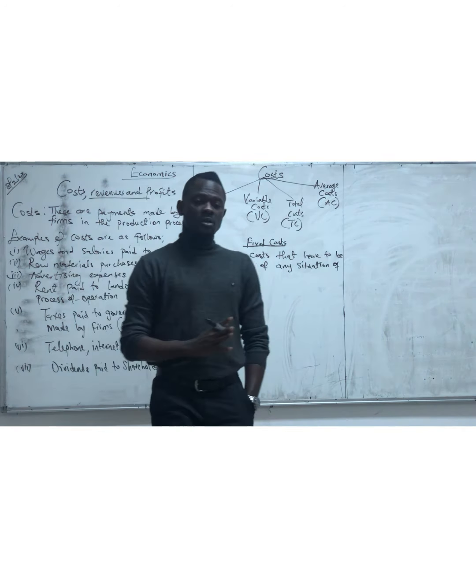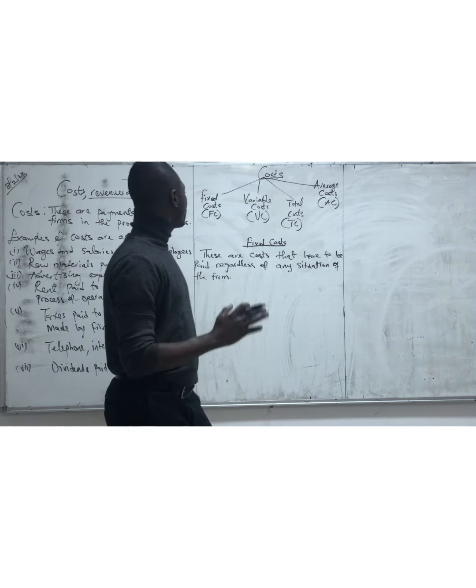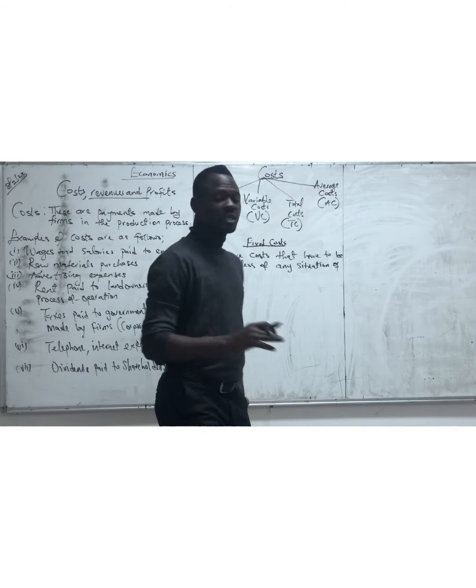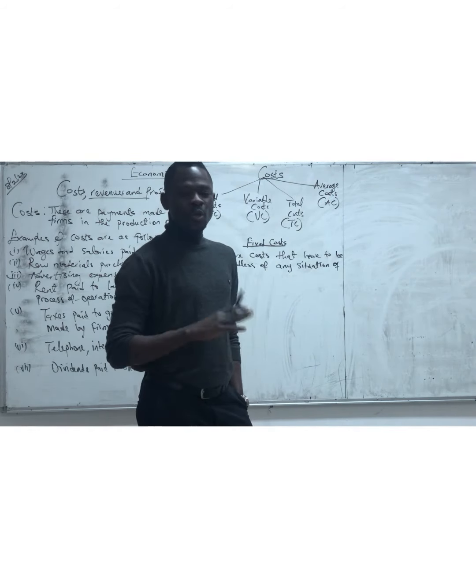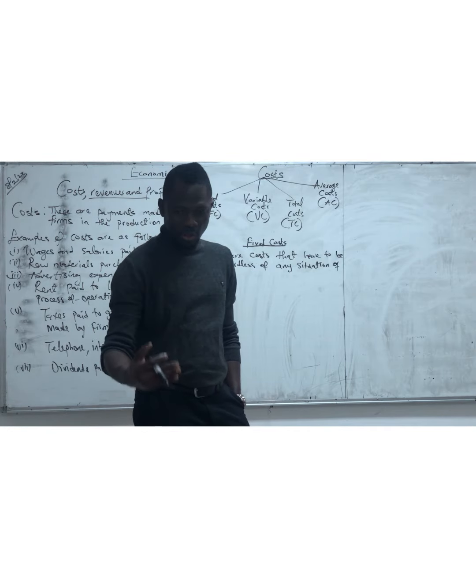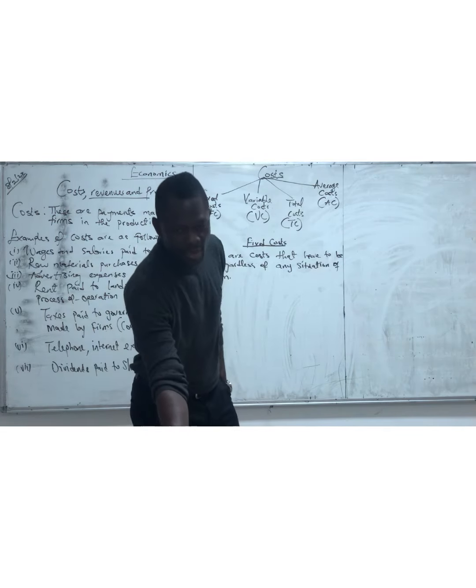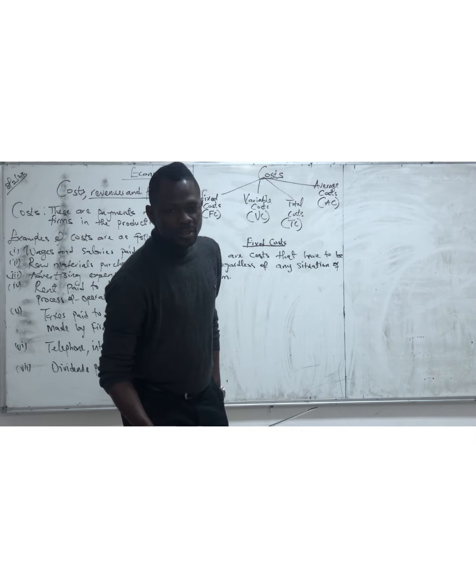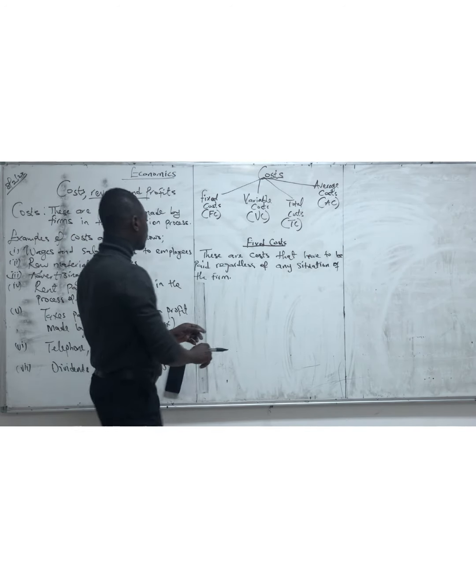So for fixed costs, these are costs that have to be paid regardless of any situation of the firm. Whatever might happen to the firm, this cost has to be paid. Is it clear? So, graphically, it is represented as this.